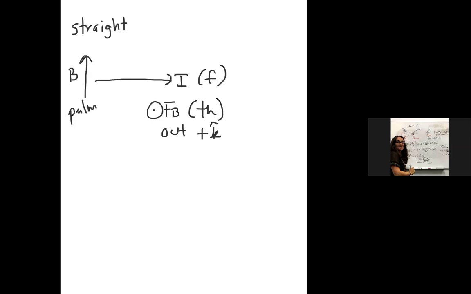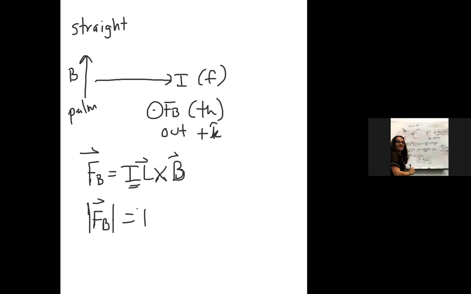Well, for the straight wires, our equation says F of B is equal to I L cross B. Remember that L is the length of the wire, but the directionality flows with the current. So really, if I want to look at the magnitude, then I'm going to look at I L B sine theta, where theta is between the current and the B field.